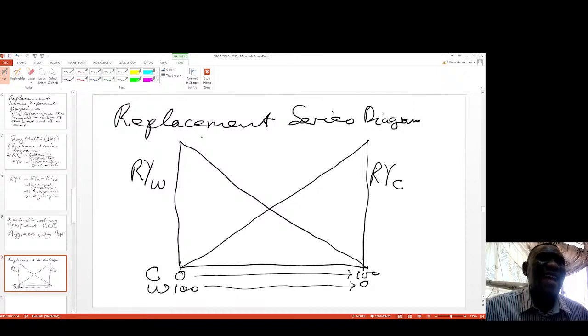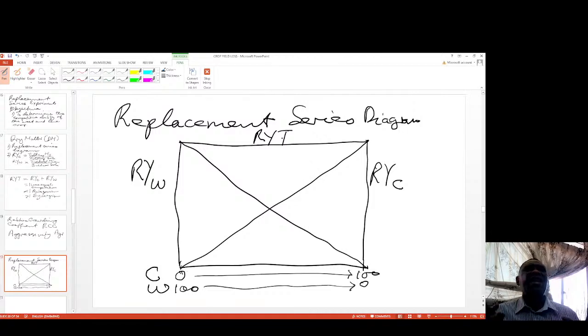And this line on top, we call it the RYT, relative yield total. This is the sum of RYC and RYW. Now, when we get such a structure, this is scenario number 1, or outcome number 1.